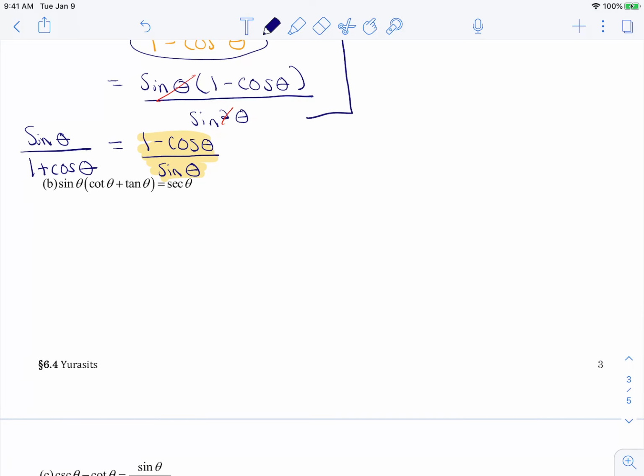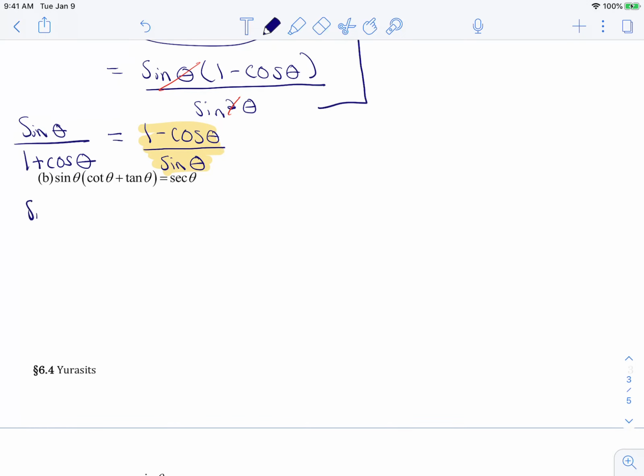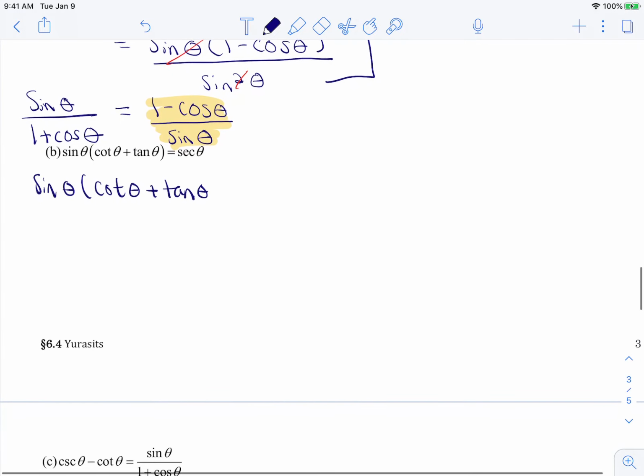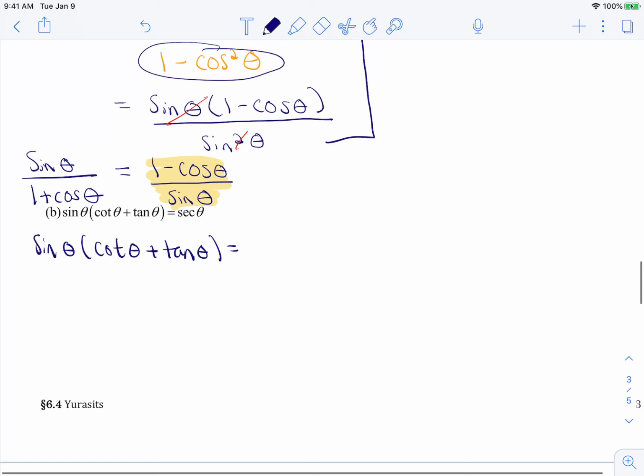So with B, it's clear to me that the left side is more messy, so I'm going to rewrite the left side. Now it's completely up to you when you're on your own what you want to do.